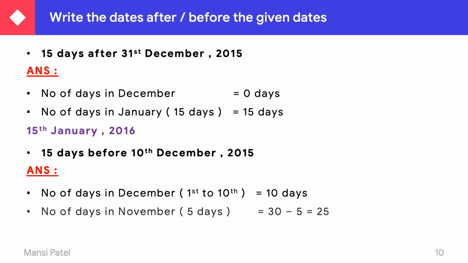The number of days in November is 30. Total 30 days minus 5. So 30 minus 5 is 25. So what is the 25th day of November? It's 25th November 2015.